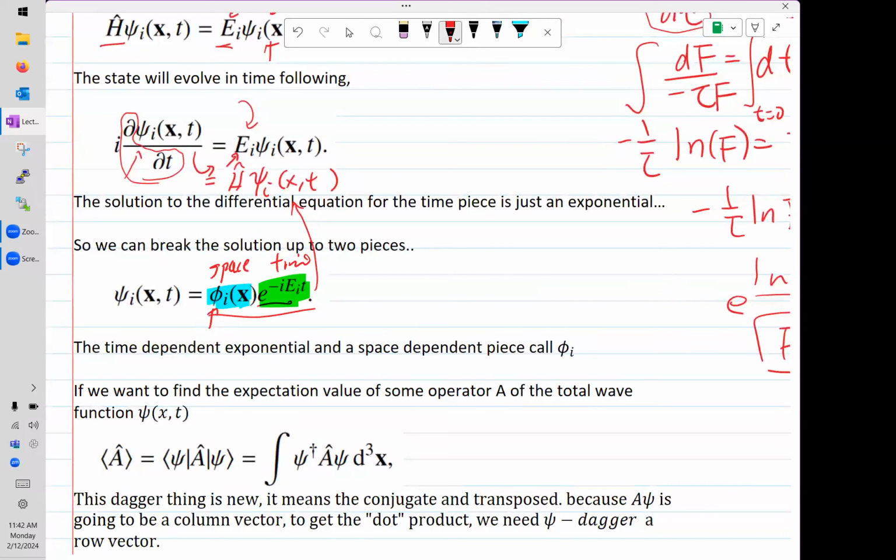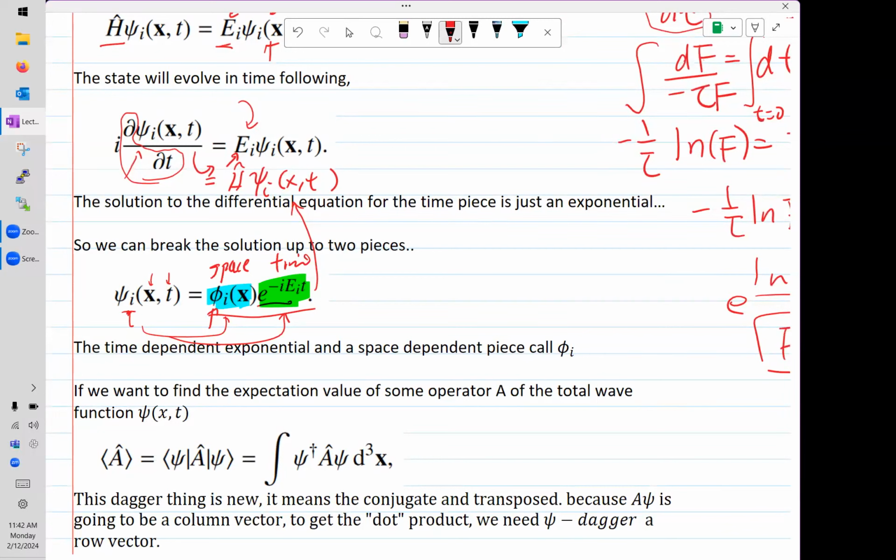The piece that depends on space, we're going to call phi instead, just so there's more Greek letters running around. So this is the initial wave function that depends on space and time. This is the spatial piece. This is the temporal piece.